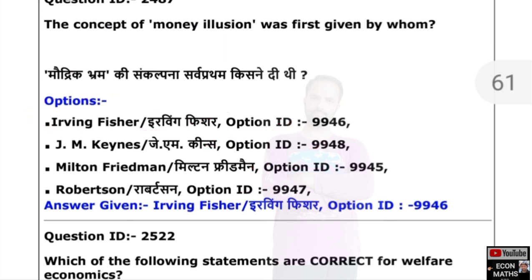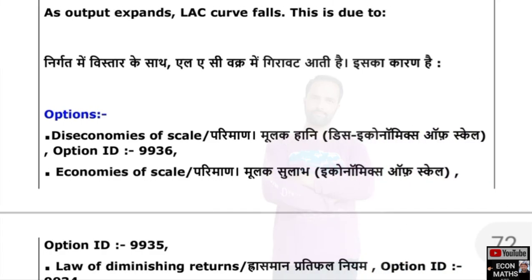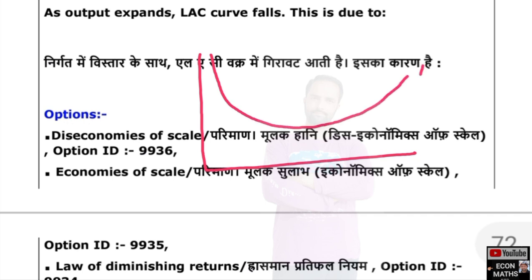Next question is, as output expands, long run average cost falls. This is due to diseconomies of scale, economies of scale, law of diminishing marginal returns, and there was another option I was not able to see here. So how do we interpret the long run average cost? We have this long run AC.